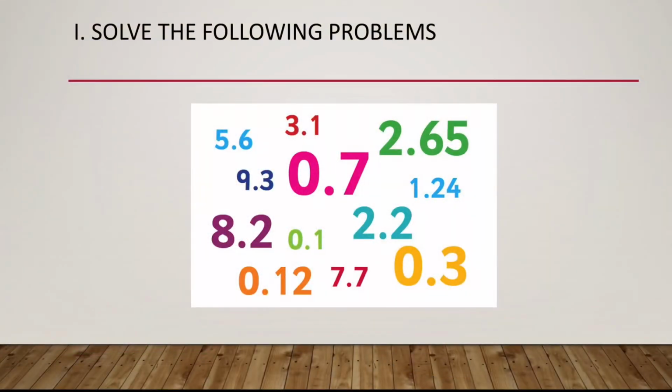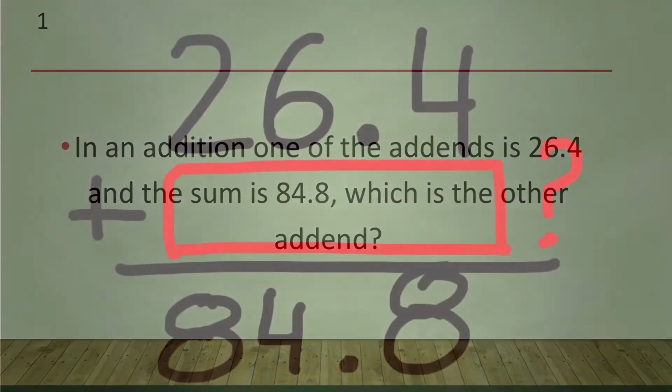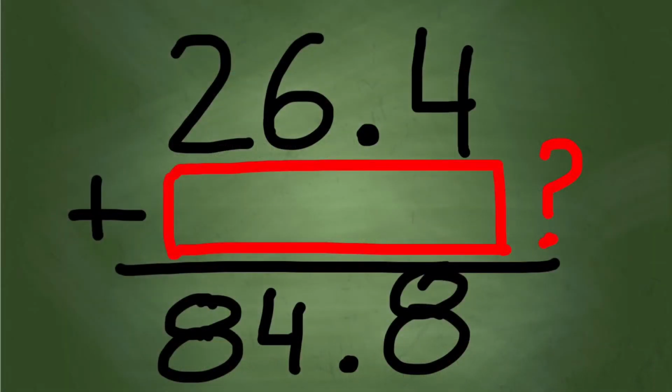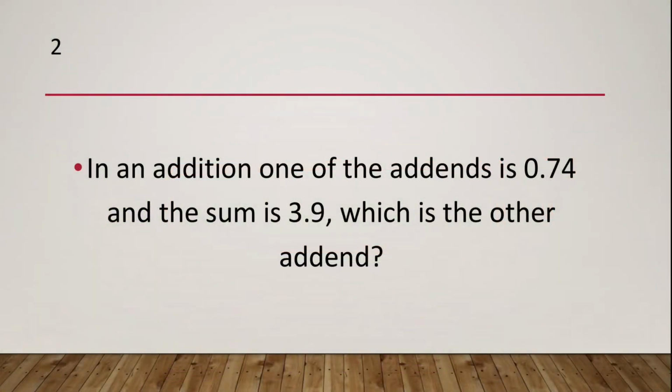Now let's solve the following problems. In an addition, one of the addends is 26.4 and the sum is 84.8. Which is the other addend? In an addition, one of the addends is 0.74 and the sum is 3.9.